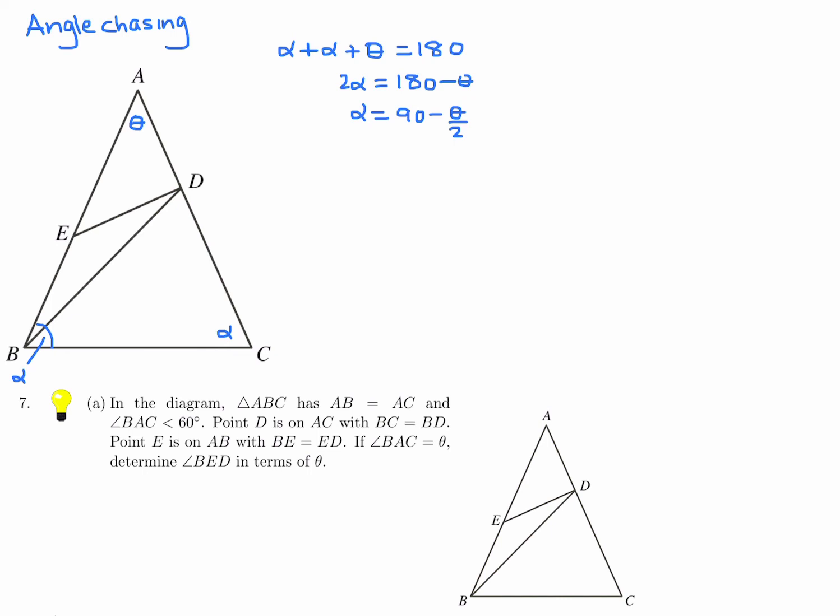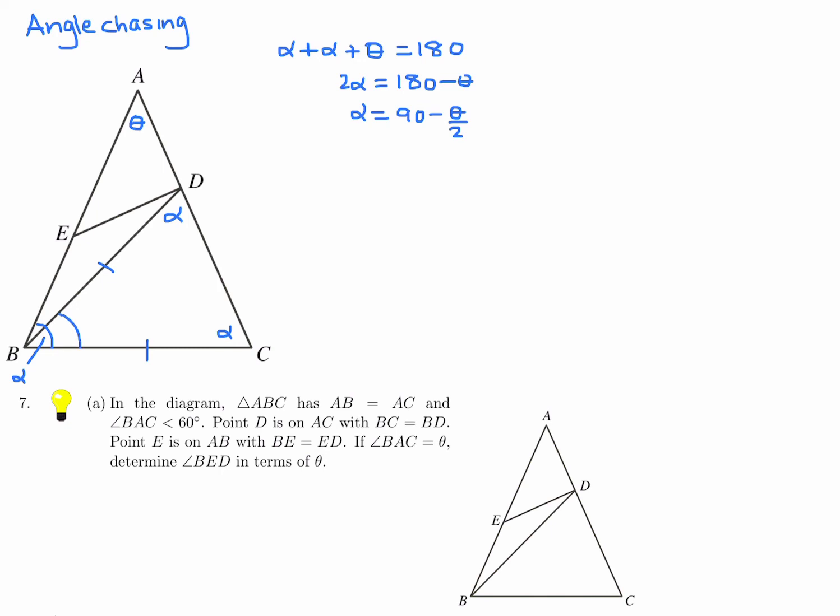Now we also know that BC is equal to BD, right here. BC equals BD. So if this is equal to that, that is also isosceles. So if this is isosceles, then this angle is equal to that angle. So that I've already labeled alpha, so this is alpha. Okay, so now I have to look at that angle.